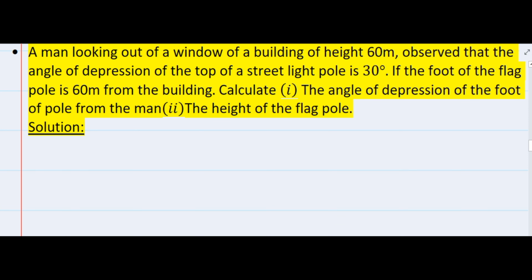So let's draw. Assume this is the building, and this is the flagpole. They said the depression of the top of the pole.